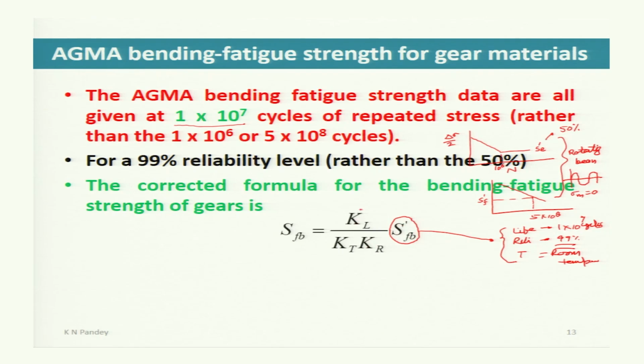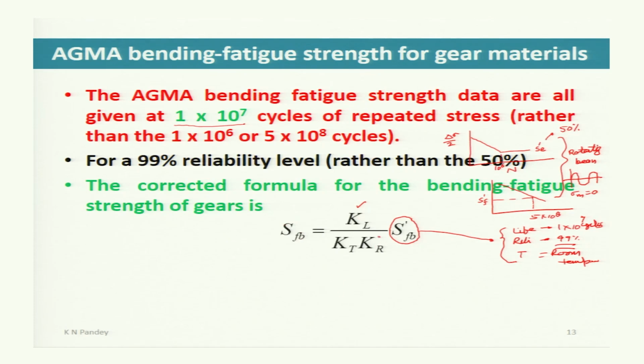The first is KL, which is called the life correction factor. If you want to design your gear for a life other than 1 into 10 to the power 7 number of cycles, then this KL is to be used. This SFB dash should be multiplied by KL to get the bending fatigue strength of the material corresponding to this life.